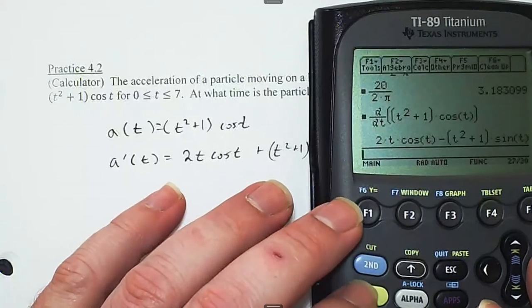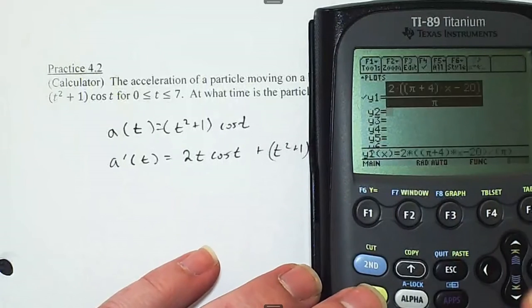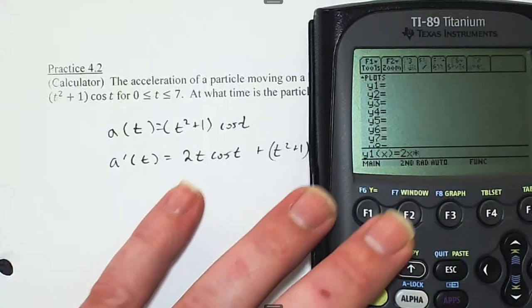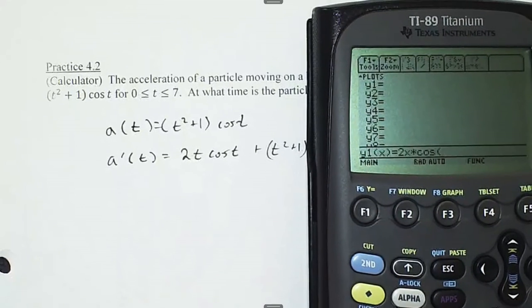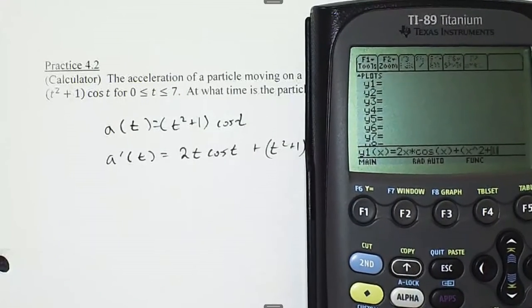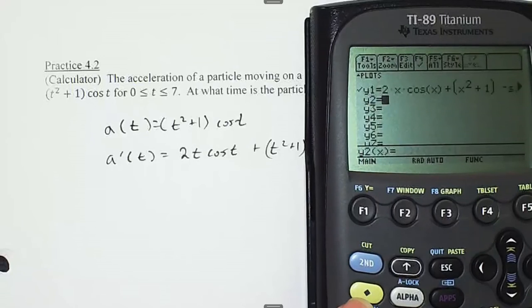All right. I'm now going to go to my y equals. And I'm going to graph it. I'll use x, though. Make sure you put a times between x and cosine, or else it'll think it's some new weird variable. All right.